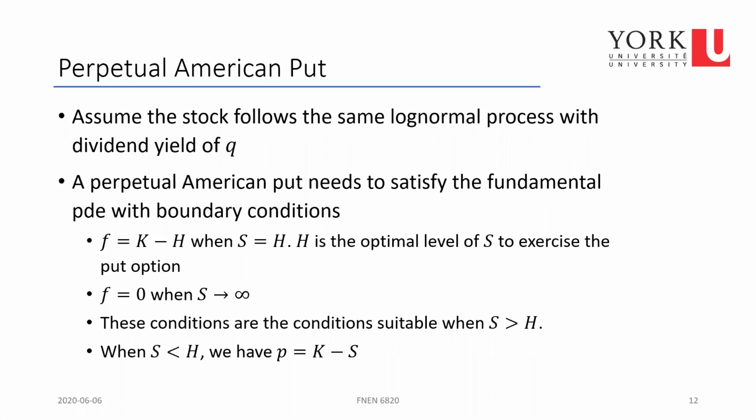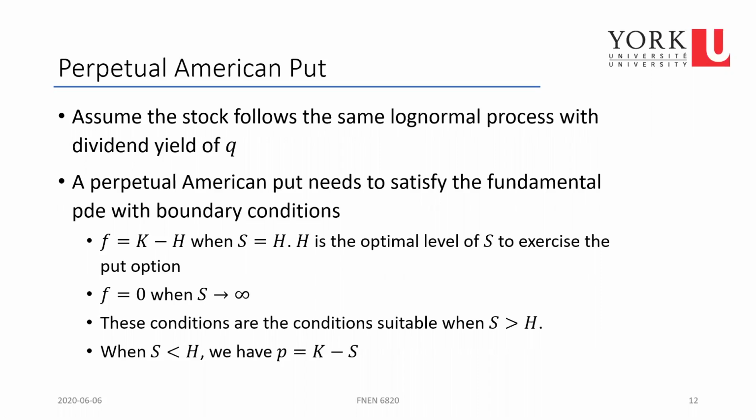Now, in this case, because it's an American put, we should be looking at the direction where the starting point of the stock price is higher than this optimal level. So when it has gone lower and crossed the level, this becomes the optimal exercise level.